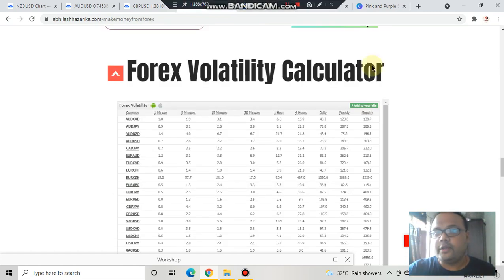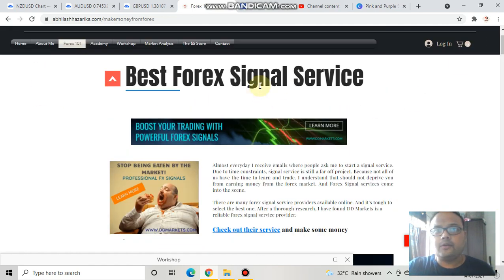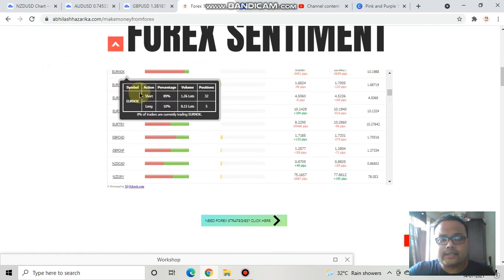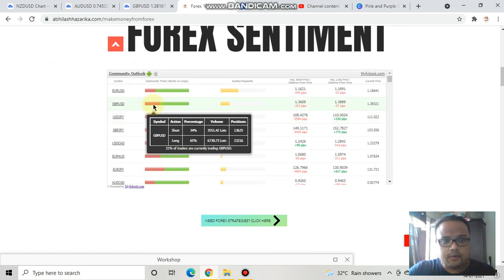And if we go to the Forex sentiment meter on my website, just go to my website, and under the Forex 101 section you'll find the Forex sentiment meter. In the Forex sentiment meter also you can see that 34% traders have taken short position, 65% traders have taken long position.